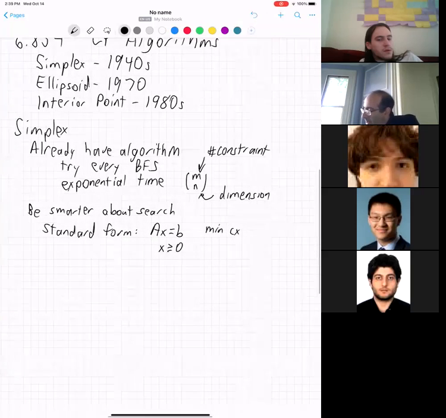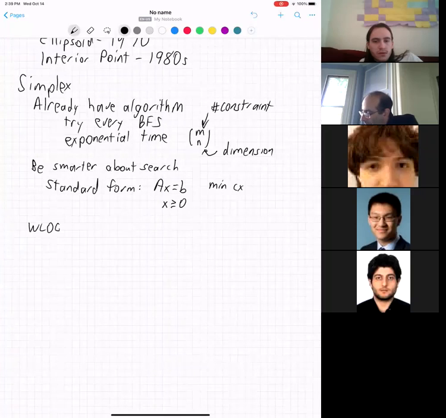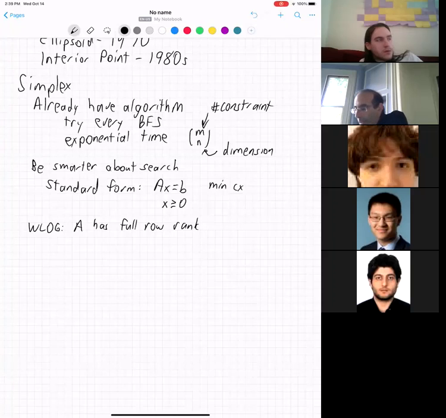And we are going to assume, without loss of generality, that A has full row rank. We've actually already made this argument thinking about solving linear systems and so forth, but let me just sketch it out again.